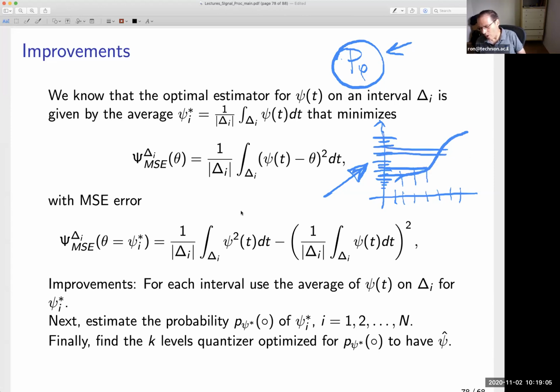So this would be a way of estimating the density of the values of phi if I project them onto the y-axis. And I would like to use this knowledge in order to design a better quantization, which would not be uniform. So it would not be a uniform quantization for the phi, but rather some other quantization. Okay, so I would like to get rid of this uniform quantization and get a smaller quantization error, smaller estimation error.